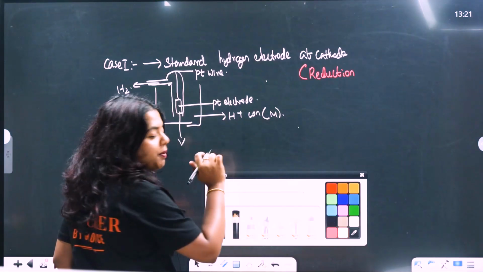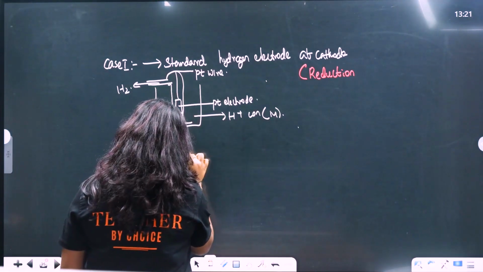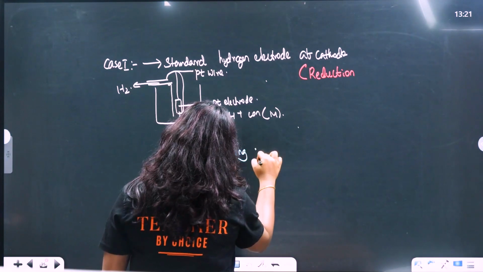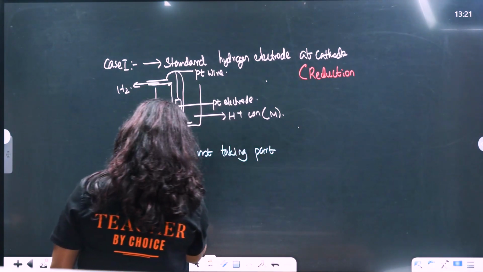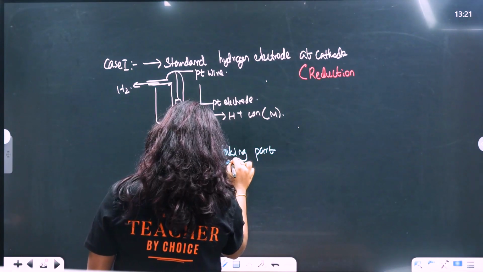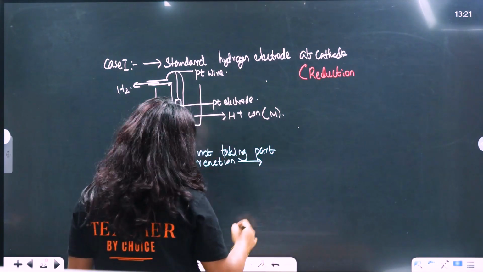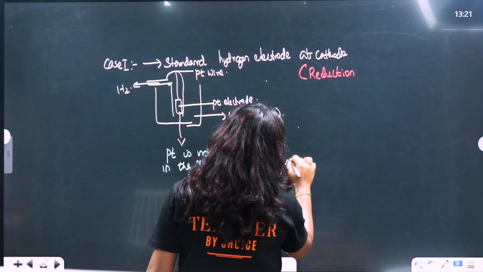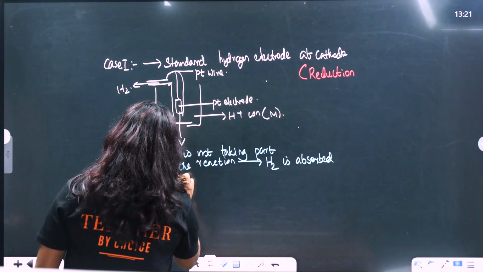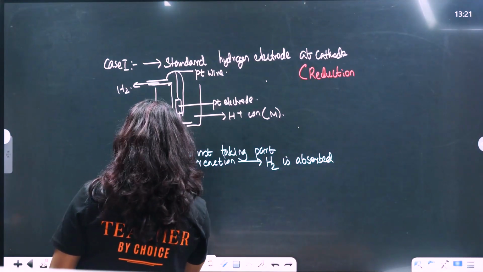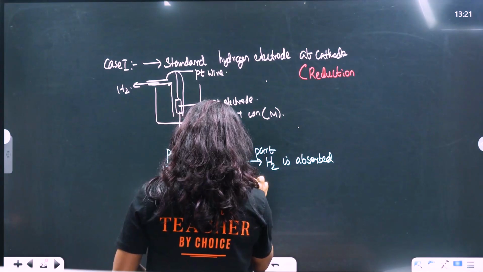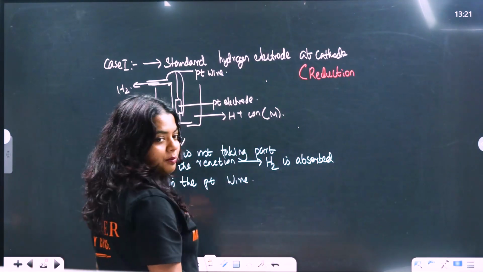See, platinum is not taking part in the reaction. Since it is not taking part in the reaction, we can say that hydrogen is absorbed in the platinum wire.